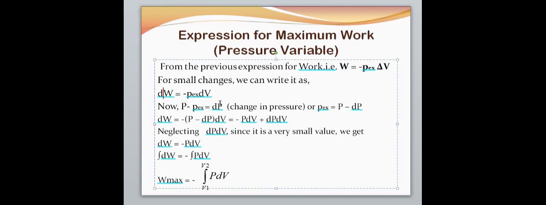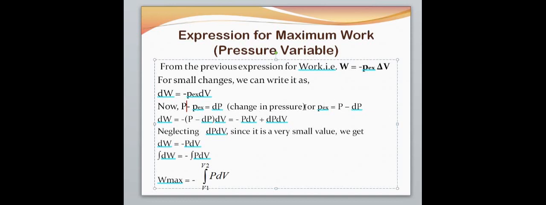Now, what is this dW and dV? When small changes take place in work and volume, I can replace that W with dW and this delta V with dV. Now, P minus Pex is the change in pressure when it is expanded. I'm calling it dP, okay?